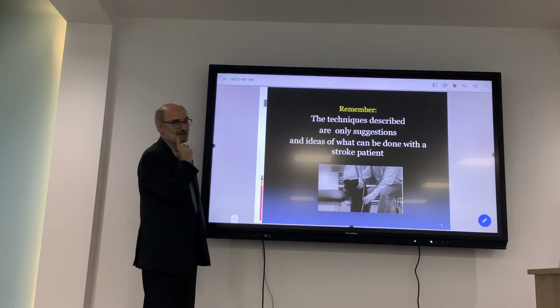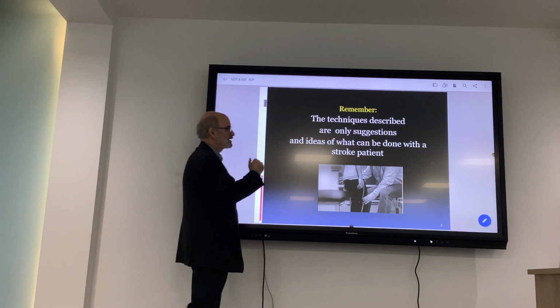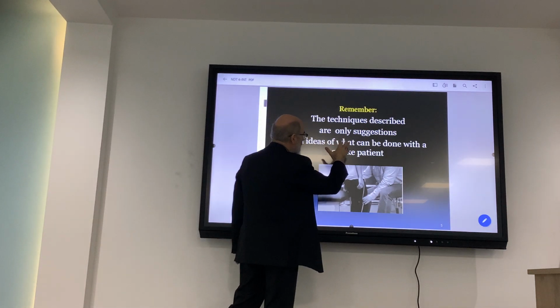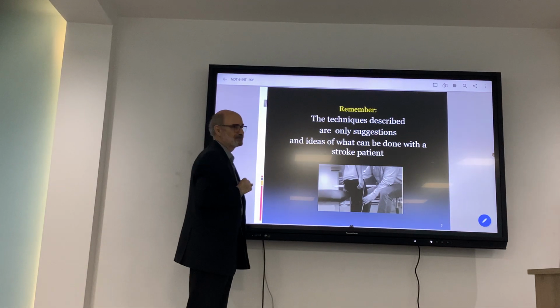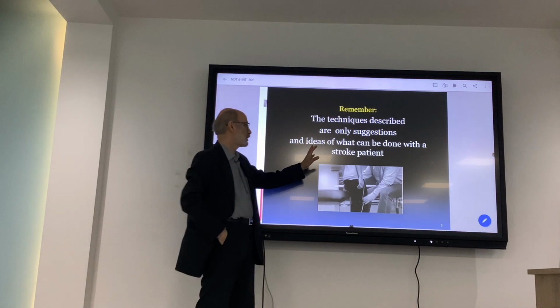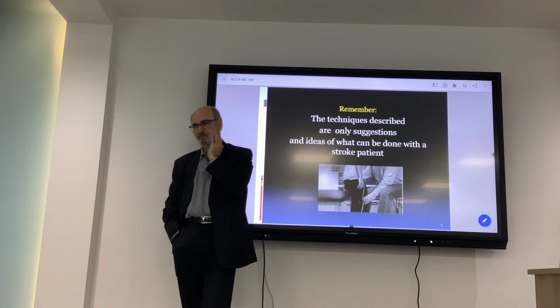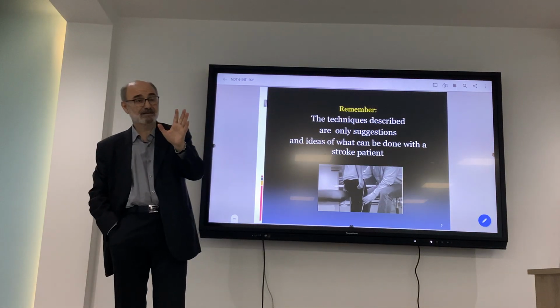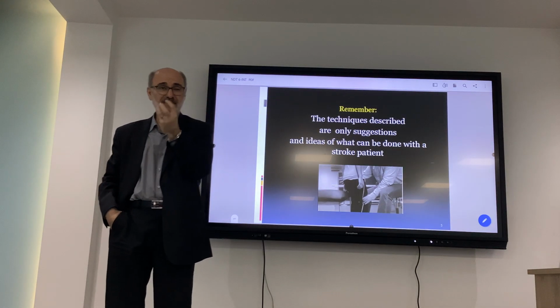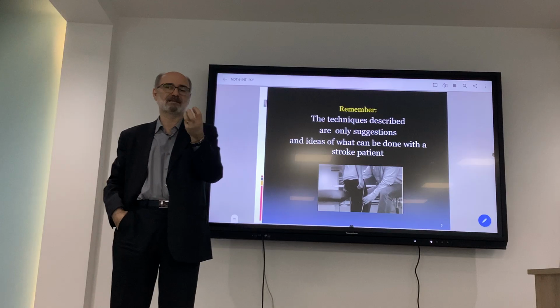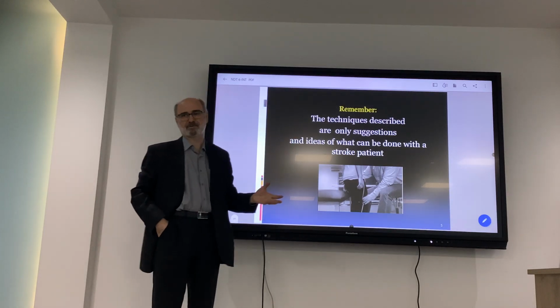Remember that the techniques described are only suggestions and ideas of what can be done with a patient with a stroke. In practice sessions, I will suggest some exercises based on this approach.